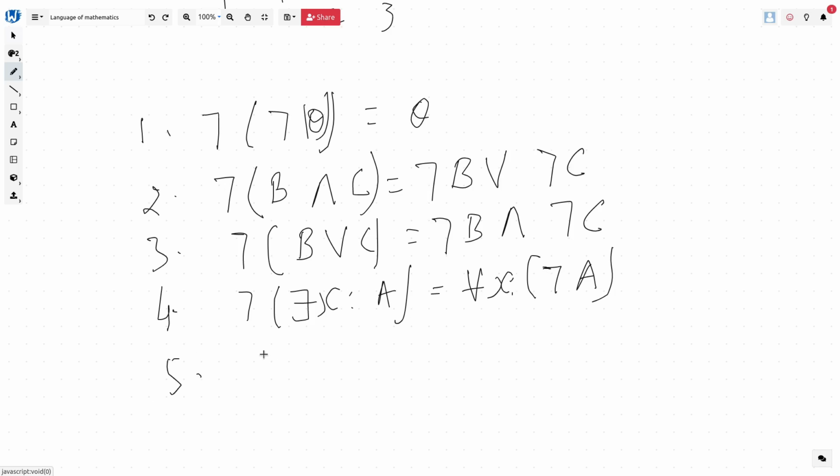Similarly, we have also established not of for all x there exists a statement A is equivalent to there exists a statement x such that there exists not A, right?